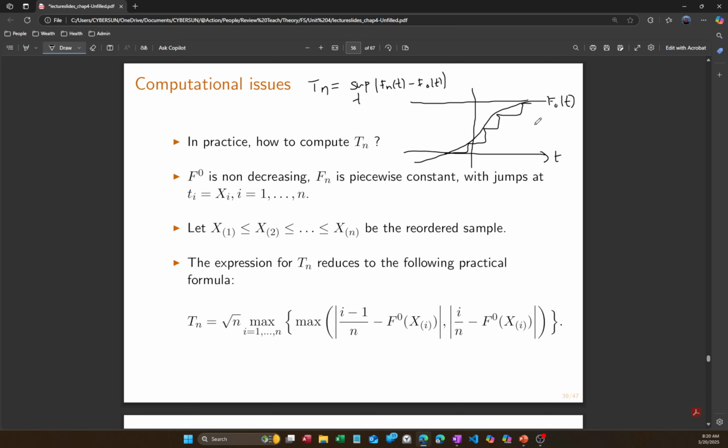These are piecewise constant, and these are observed values here. Now, we need to arrange them in increasing order. So these are in increasing order. These are order statistics.